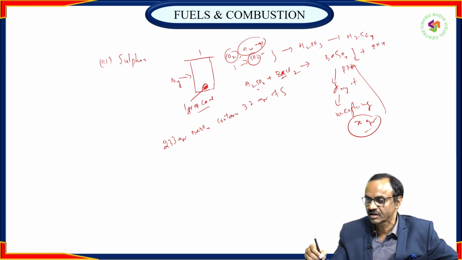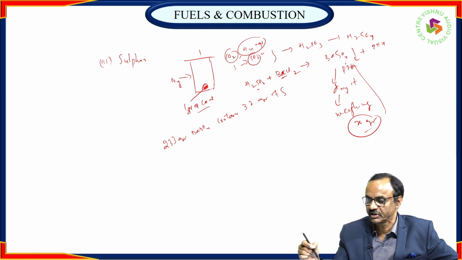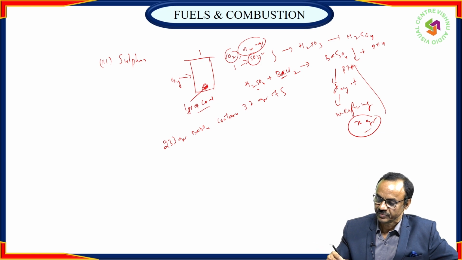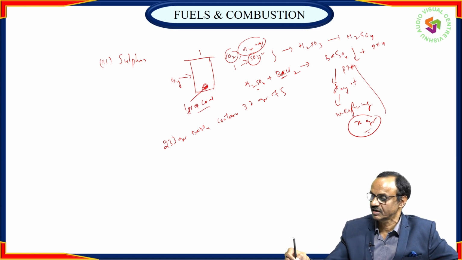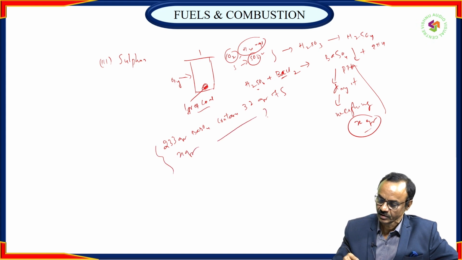Whatever sulfur is there gets precipitated as barium sulfate. The dried precipitate weight of barium sulfate is X grams. From this you will know the weight of sulfur: X into 32 by 233.